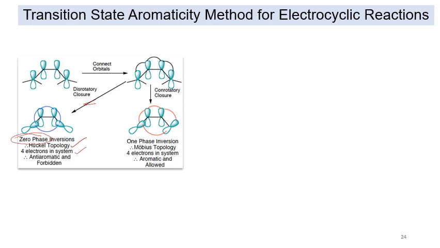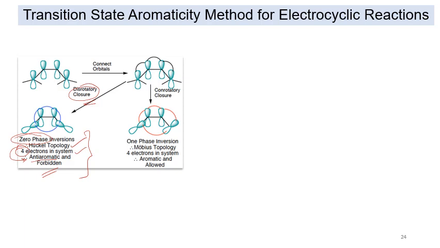There are 4 electrons involved, and this is therefore anti-aromatic by definition for the Huckel system. What will happen here now? This will be forbidden according to the rule. Therefore, the disrotatory closure will be forbidden under thermal conditions.